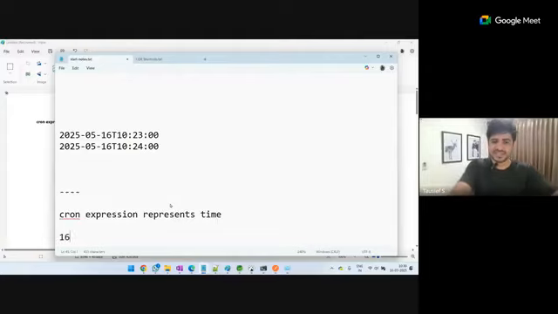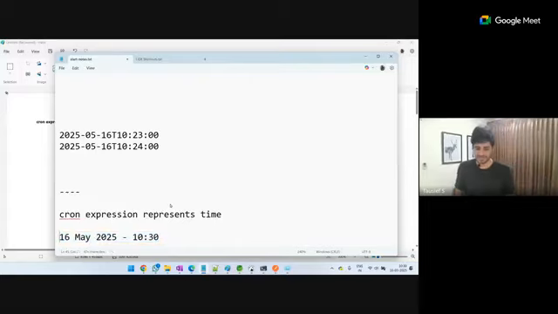It is 16th of May 2025, and the current time is 10:30. Now it has become 10:31. We can represent it using a cron expression.